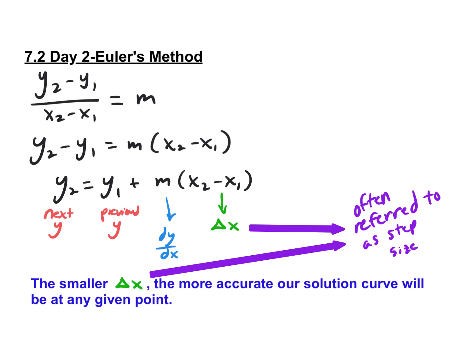So the step size will be given to you. They'll tell you what they want it to be, and then you will find the y at some given point. This is the meat of the whole situation. If we can get our heads wrapped around this, Euler's method is not that difficult.